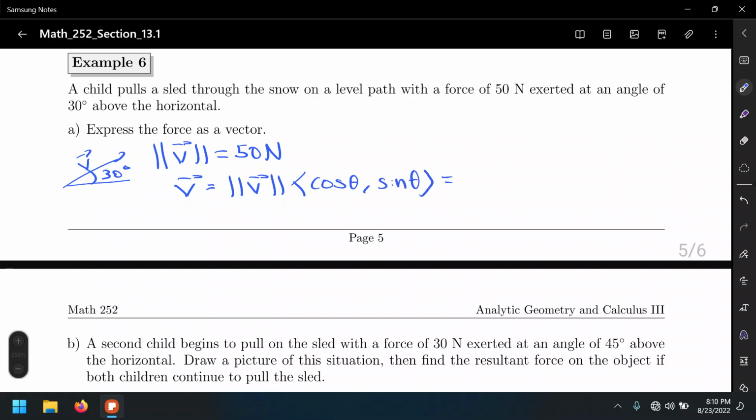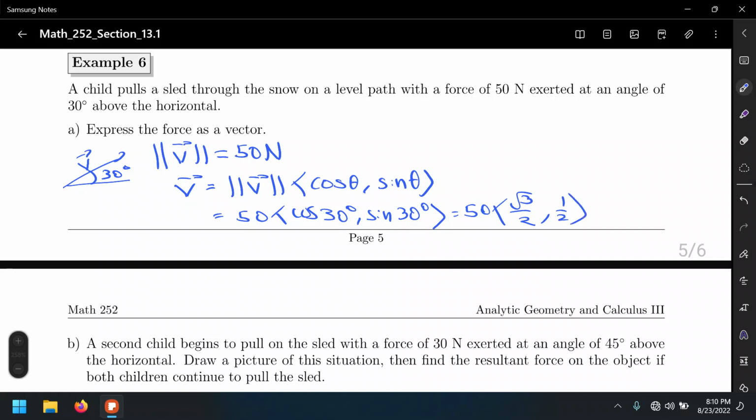And all we do here is the magnitude, which is 50, times cosine of 30 degrees, sine of 30 degrees. Cosine of 30 degrees is root 3 over 2, and sine of 30 degrees is a half.